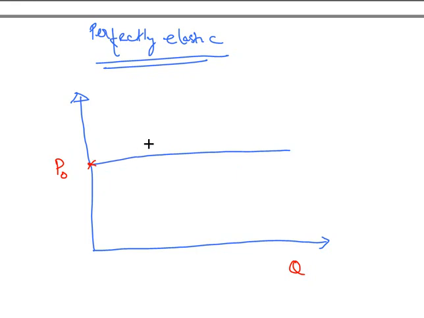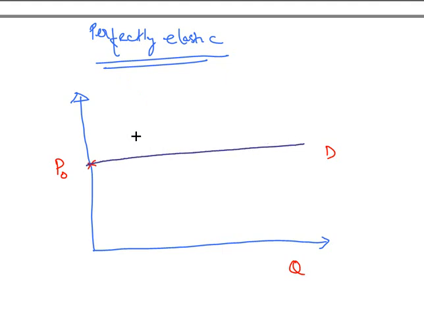Note that we are talking about the demand curve. I will use this, roughly what I would call highly elastic. Please note that the first diagram that I have drawn is your perfectly elastic diagram.